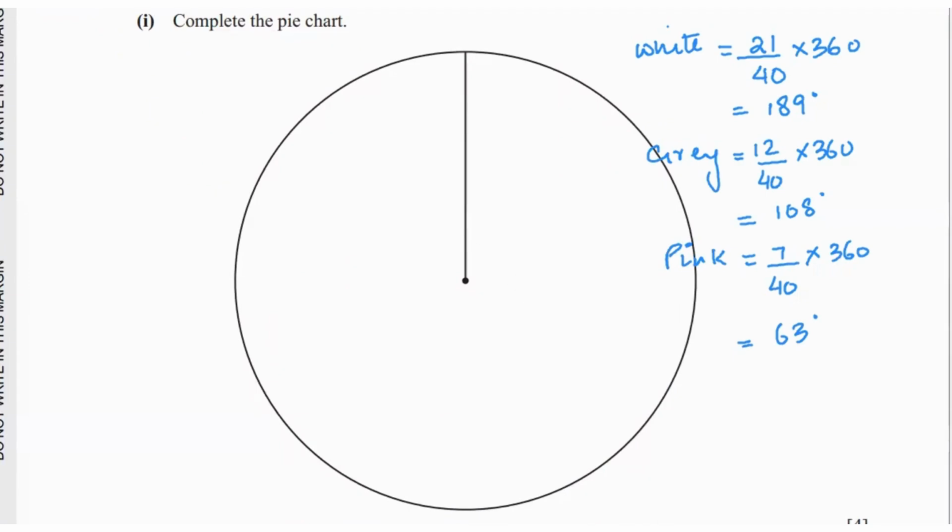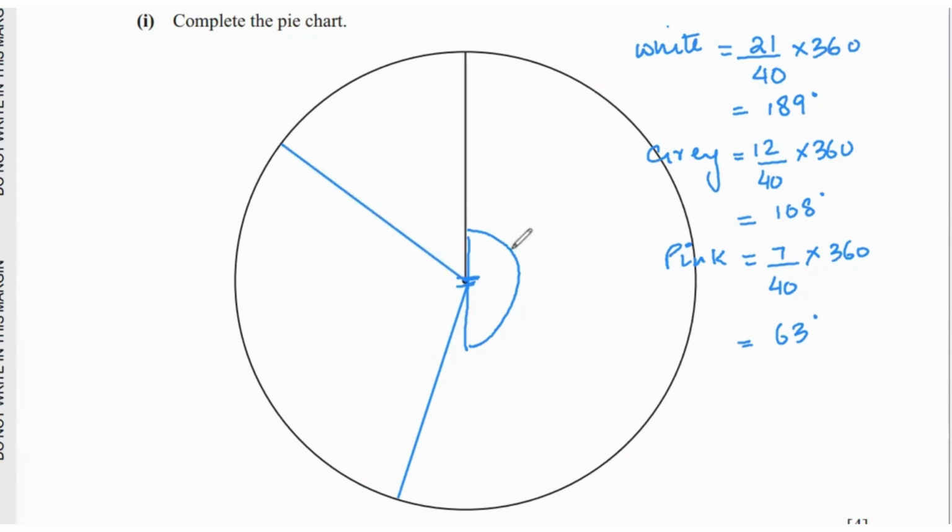Since I'm doing this online, it's going to be slightly difficult to make the pie chart, but it's very simple. You're going to put your protractor over here in the center. You'll draw one of the angles. You can start with white, gray, or pink, and then mark it. So white is going to be somewhere over here. Then 63 is going to be somewhere here, and this is going to be your gray.